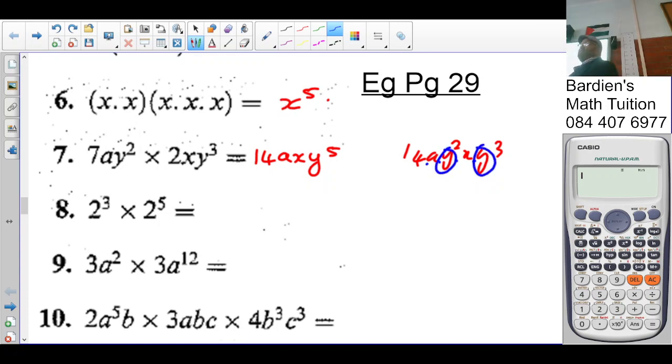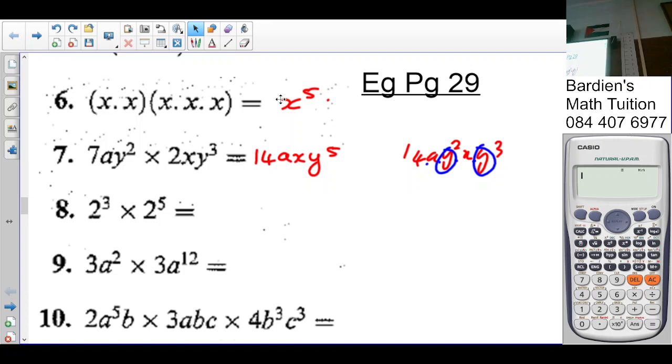So you must add that indices. Can you see? That is why 2 plus 5 is? 2 plus 3 is? 4. 2 plus 3 is? Oh, 5. That's how you get 14ax5. Or 14ay5x. But we always write it in alphabetical order. Okay.